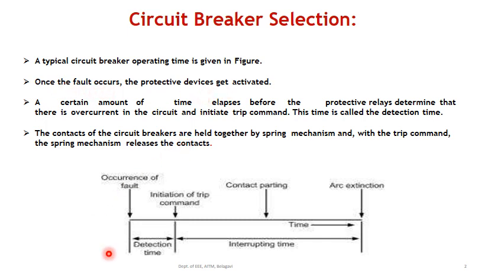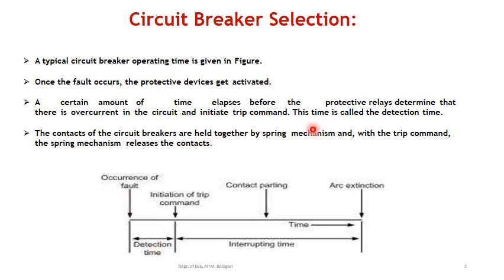Now the circuit breaker gets activated at this particular point. After that, what will happen? Once the circuit breaker gets activated, ultimately we are not going to stop that fault current immediately. There will be some time taken for detecting the fault.